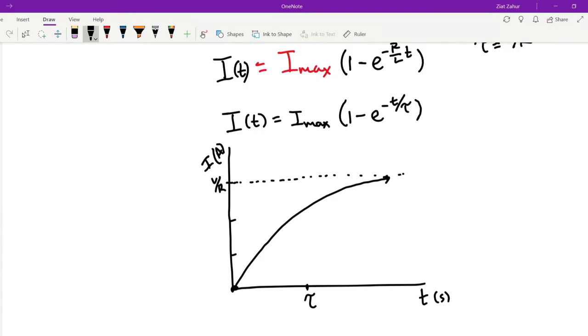If t equals tau, then I have e to the minus 1. What is 1 minus e to the minus 1? Let's use our buddy Wolfram Alpha. 1 minus e to the negative 1 is 63%. Excellent.